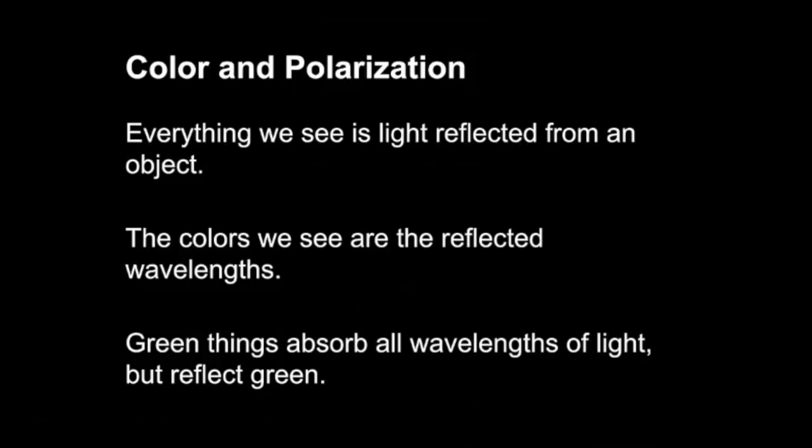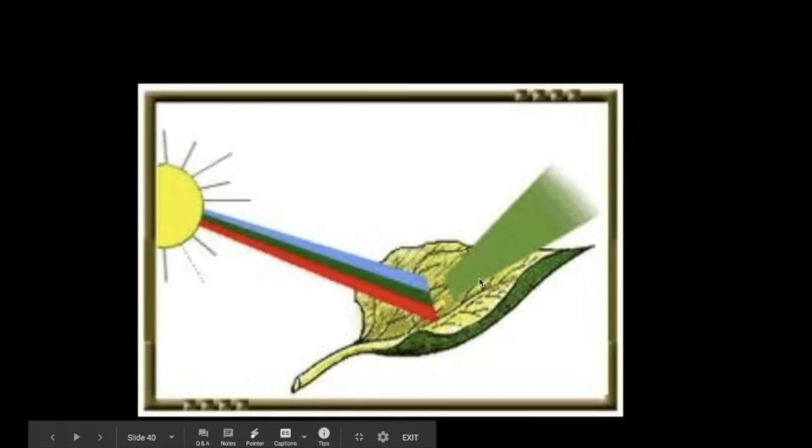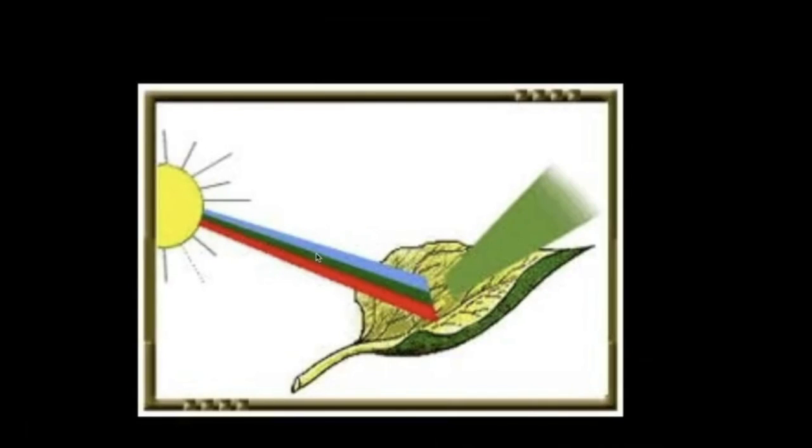So if I'm looking at a blue wall, white light is shining on that blue wall, but only the blue light wavelengths are reflected back to me. Here's another example. Here's a green leaf. You've got all of the light from the sun coming here, reflecting off green light. Now, notice that it doesn't show a white light hitting it. It shows red, green, and blue.